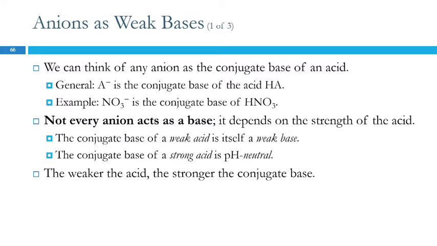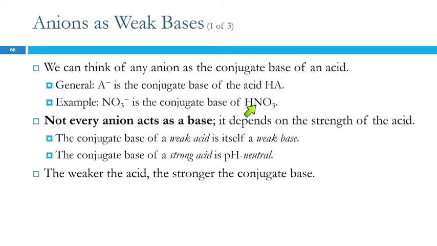So I thought of this yesterday, and I think I like it. So you can think about our acid and the conjugate base. And between them, they have a certain amount of strength. If this one is weak, then it's not using all the strength, and then this is also weak.